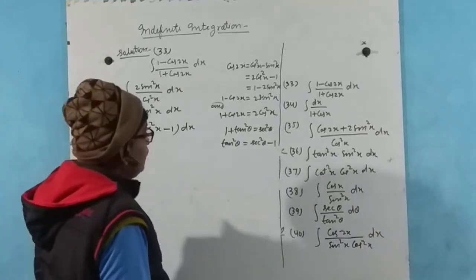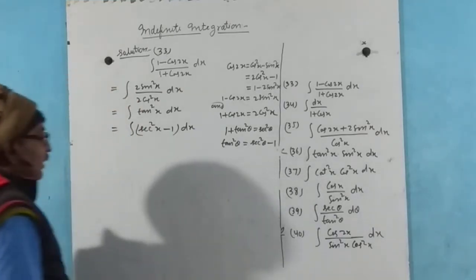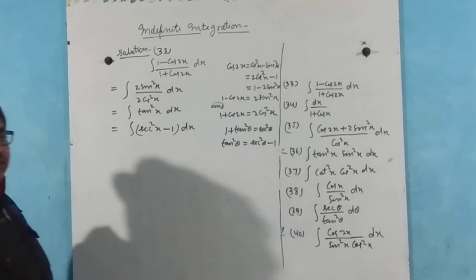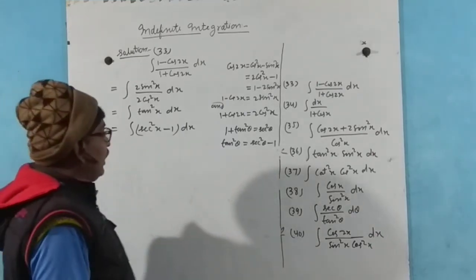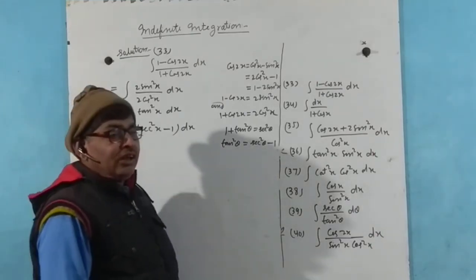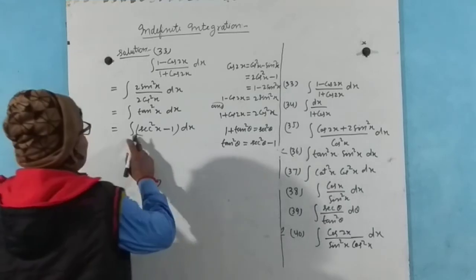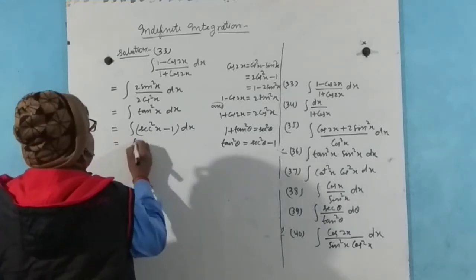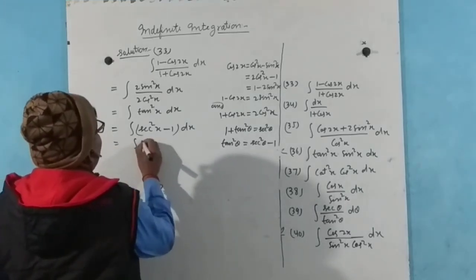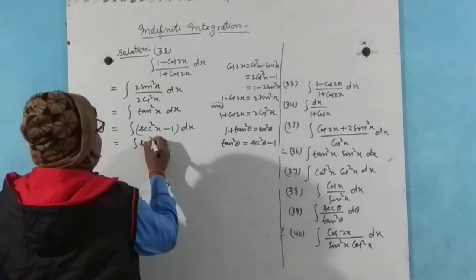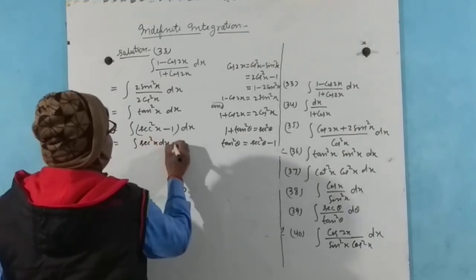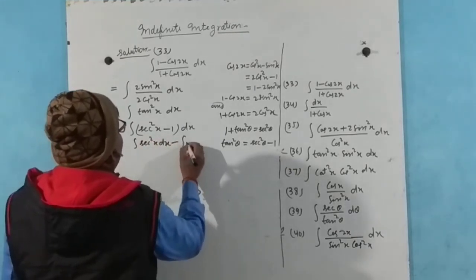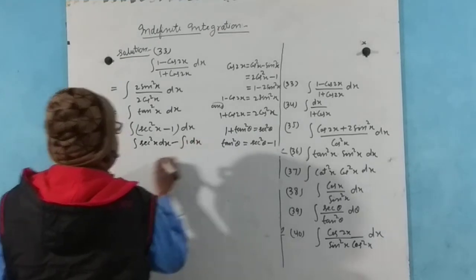Now the differentiation of tan x equals sec square x, so the integration of sec square x equals tan x. So this can be written as integration of sec square x dx minus integration of 1 dx.